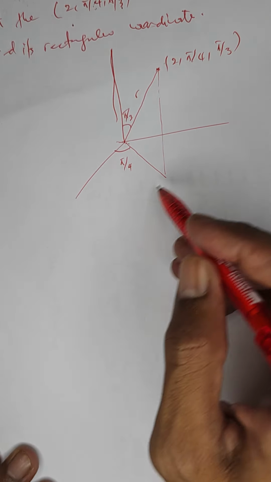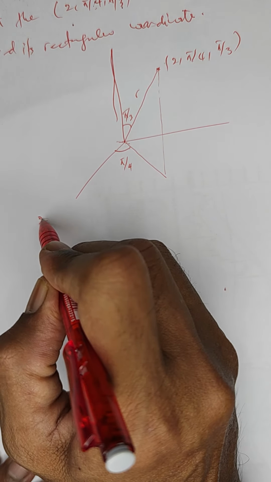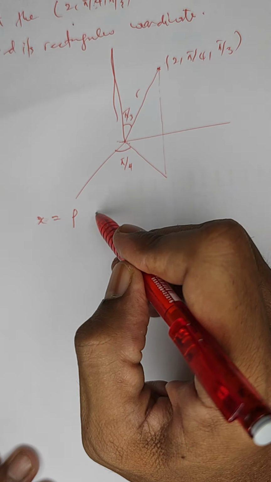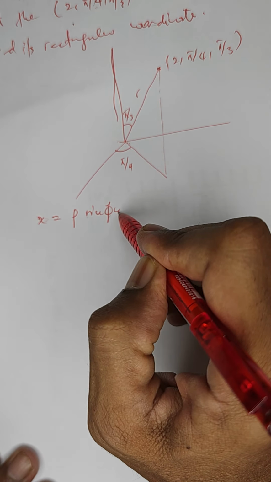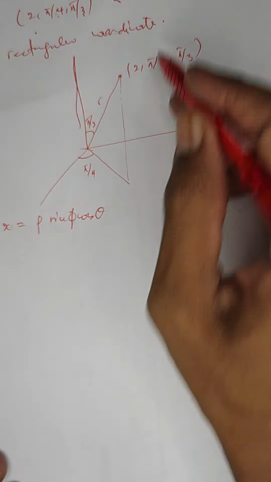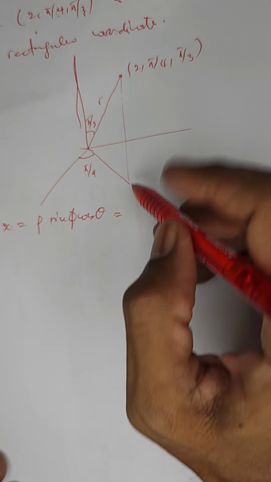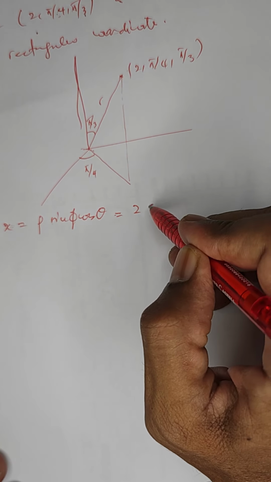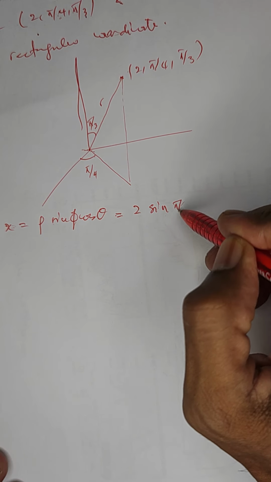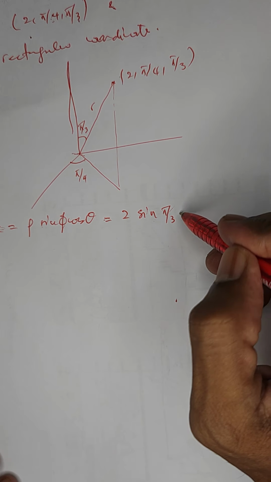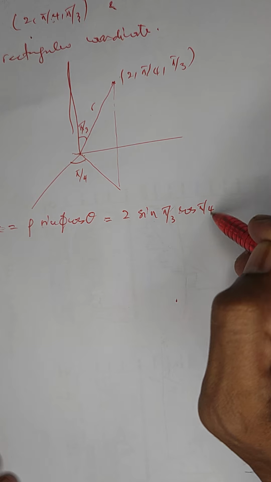This is pretty easy because it's quite straightforward. x is rho sine phi cos theta, so you can just substitute everything. Rho is 2, sine of pi over 3, and cos of pi over 4.